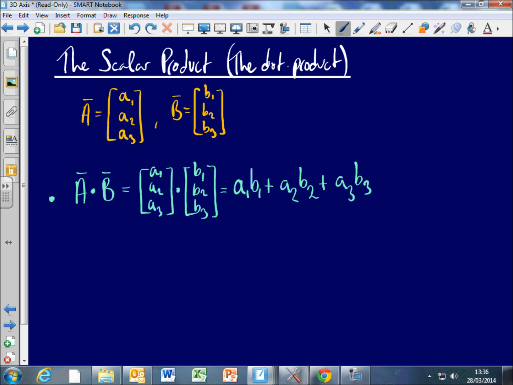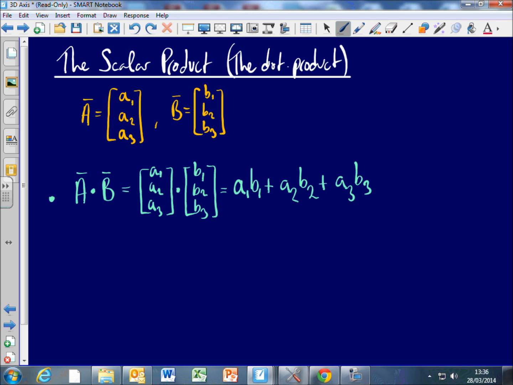If they're just two-dimensional vectors, then it's just A1 B1 plus A2 B2, or it works in 4 dimensions, or however many dimensions you want. Usually we use 3 because it's what you use. Okay, so that's the first definition.